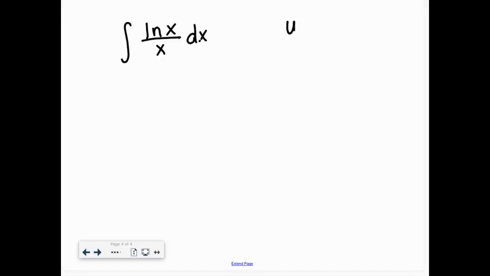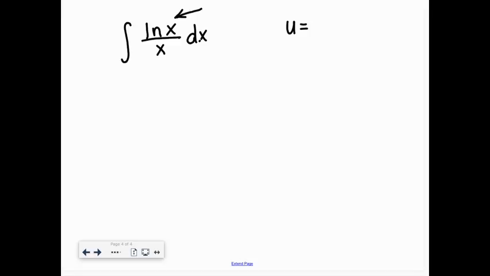So if you make u x, your du is just going to be 1 times dx. You're going to have this natural log of x still left over, right? And the entire integral needs to be in terms of u, so that's not right. So this is one instance where it's not going to be the bottom.